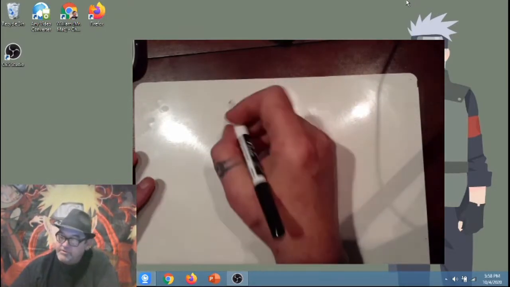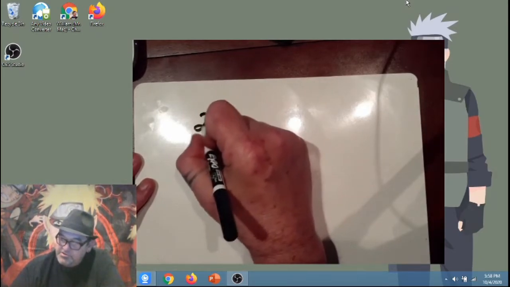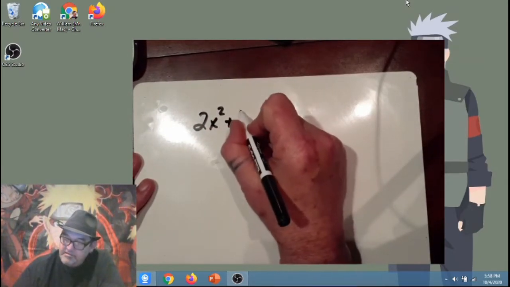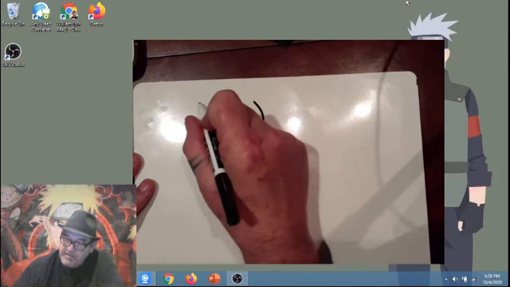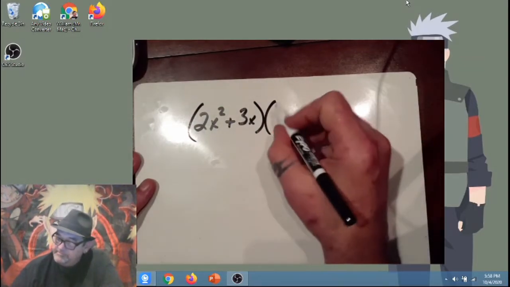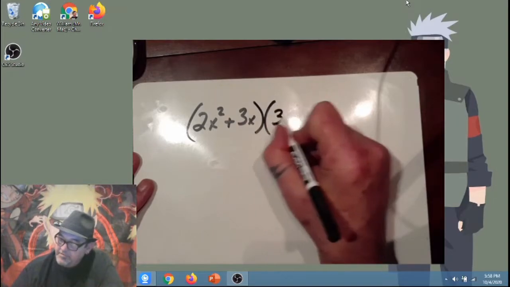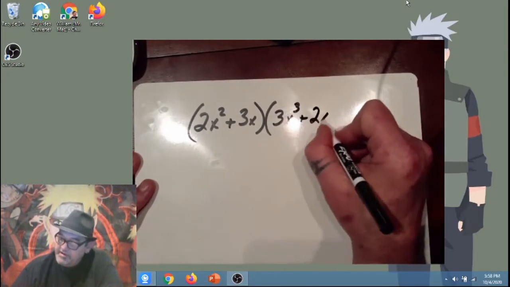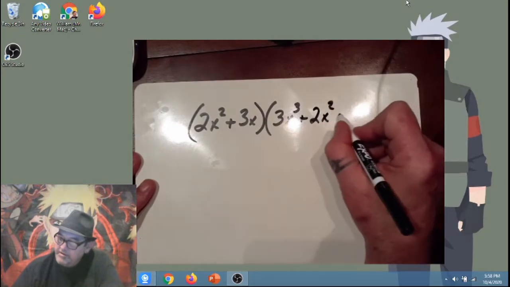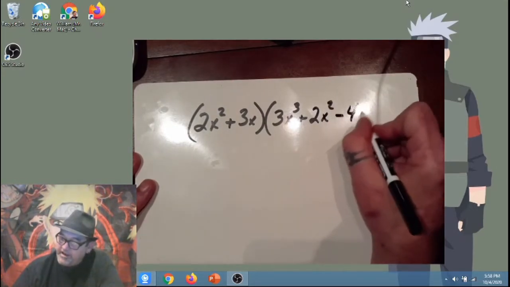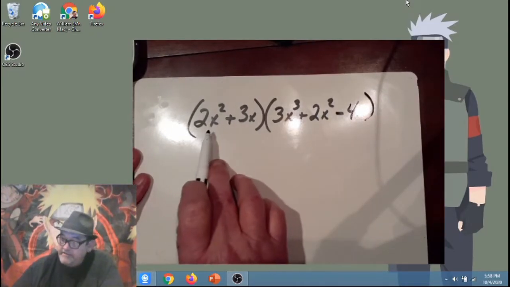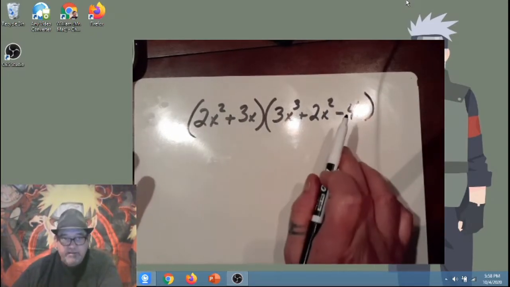Let's see if we can do this one quick here. So let's go 2x squared plus 3x times 3x to the 3rd plus 2x squared minus 4x. So again, don't let the exponents intimidate you.